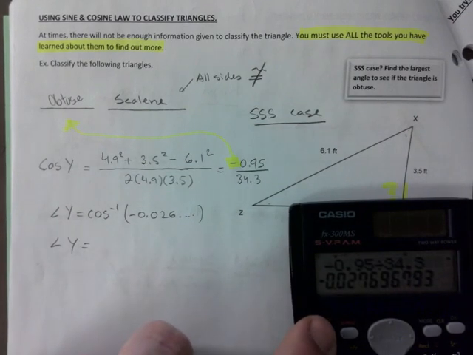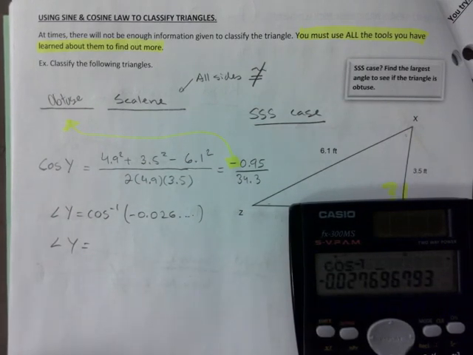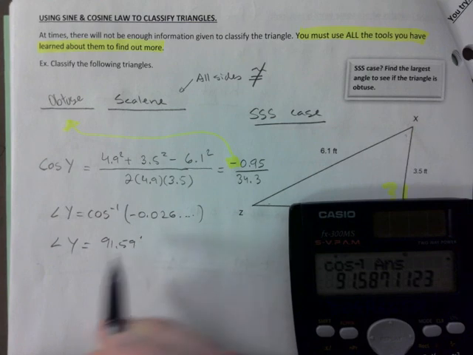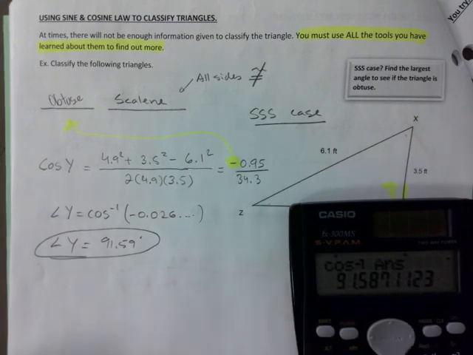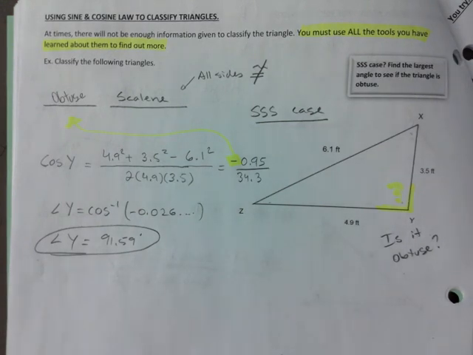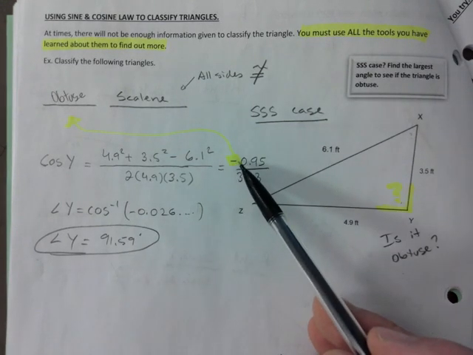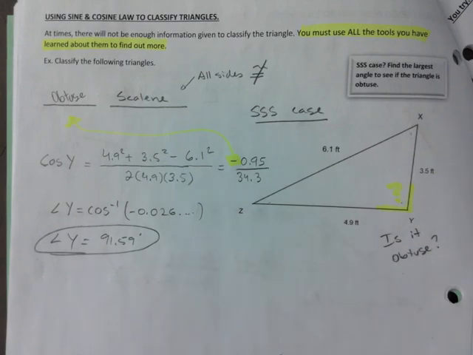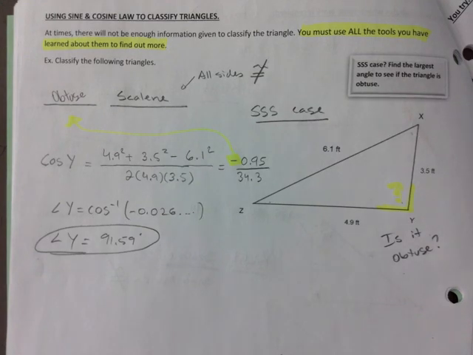I'm going to go shift cosine, hit equals, and that's 91.59. So just as a refresher, that's how you do it. But we could have already concluded that right here without going through the trouble of actually finding the final answer. Okay, so that's how the harder ones are done.